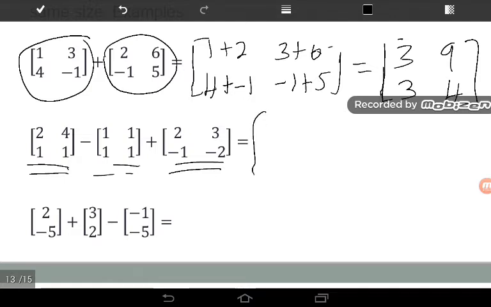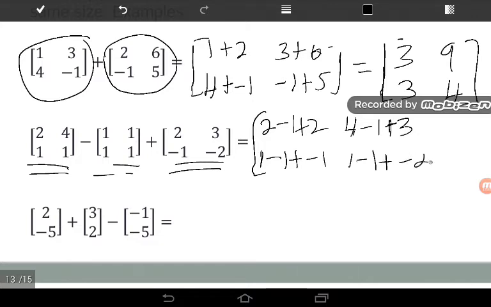So the answer is 2 minus 1 plus 2, and then 4 minus 1 plus 3, and then 1 minus 1 plus negative 1, and then 1 minus 1 plus negative 2.